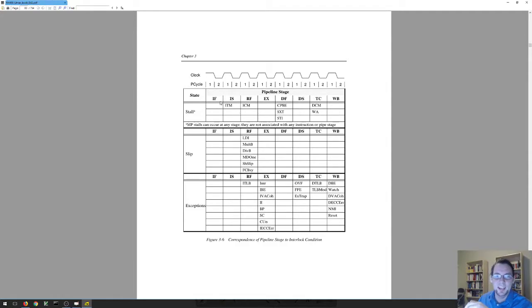That's easier said than done, because any of these four stages that could flag stalls need to be connected over some giant wire that can tell everybody else to just please stop.